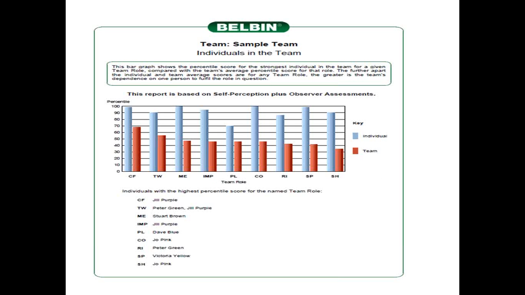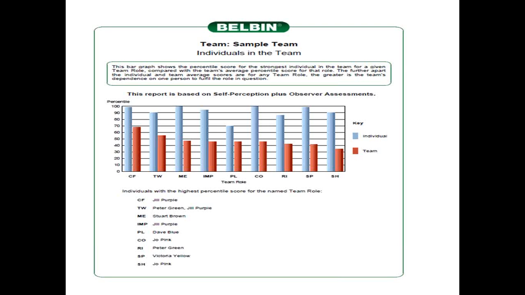This is another sample. This is a graphic report showing you in red the average composition of a team, and in blue the individual one. A new thing in eEnterprise 7 is that we're measuring percentiles now, from 0 to 100.